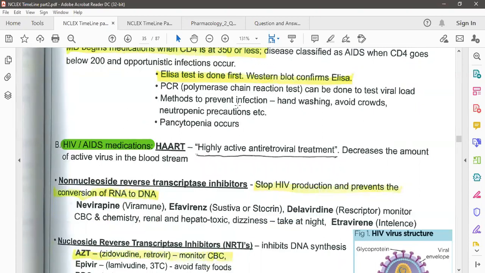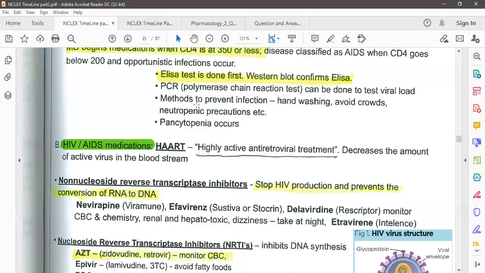Methods to prevent infection: hand washing, avoid crowds, and neutropenic precautions, because pancytopenia can occur. That means all cells go down. WBC goes down, leukopenia. Thrombocytes go down, thrombocytopenia, and red blood cells also go down. When all cells go down, we call it pancytopenia.